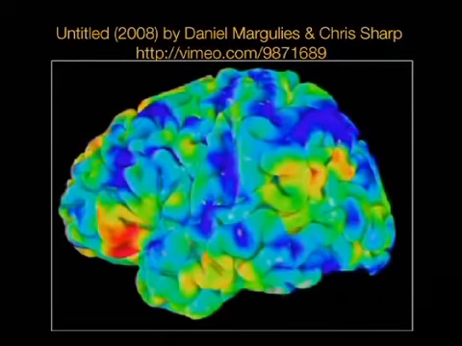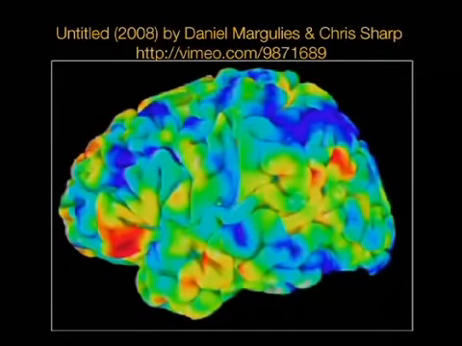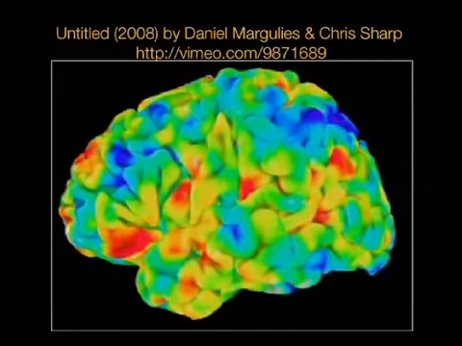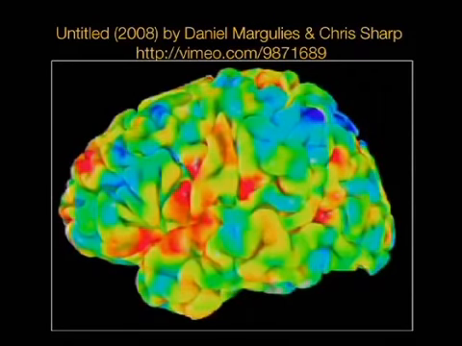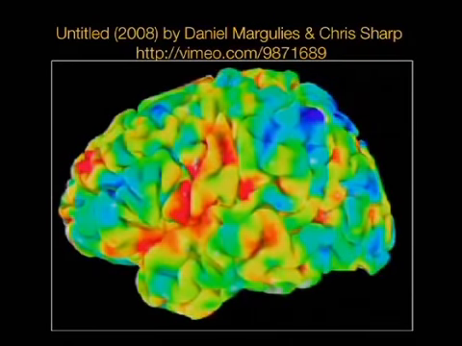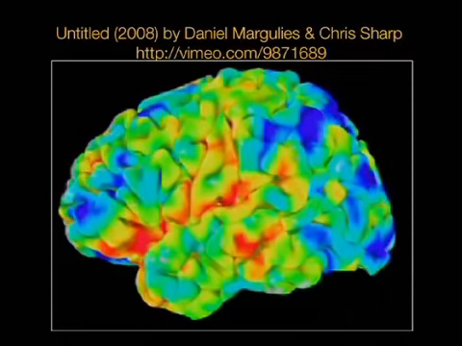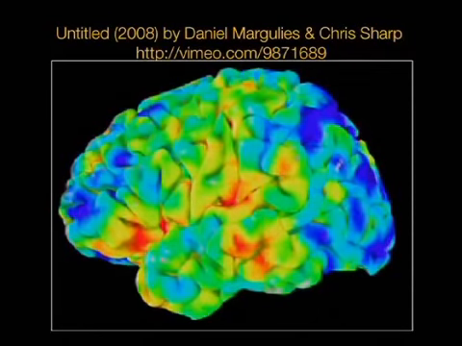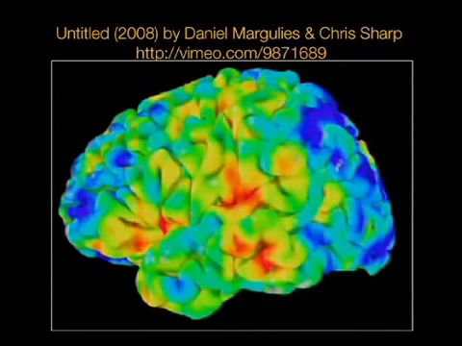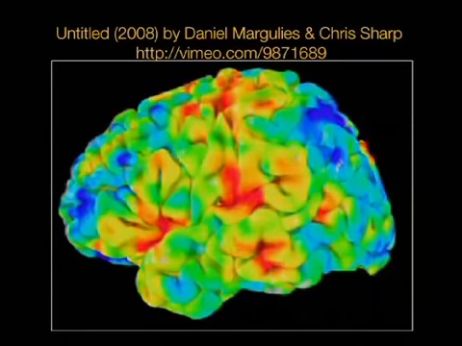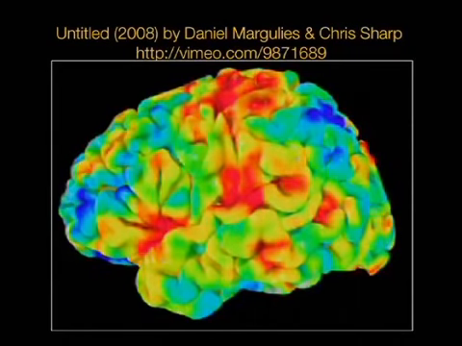But this is also a reasonable portrayal of the real-time fluctuations of the brain, obviously color-coded by the computer, so that the red warm colors are indications that the BOLD signal, which is related to blood flow, is greater than average, and the cool colors are less than average, and green is average.